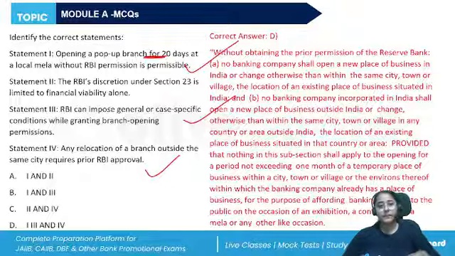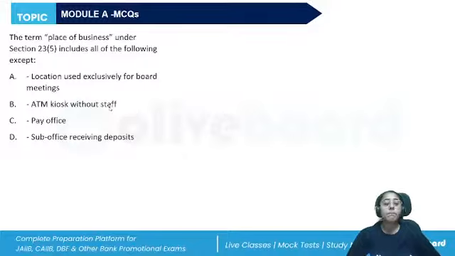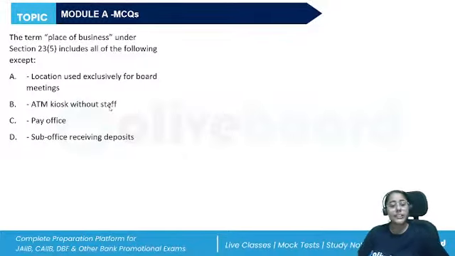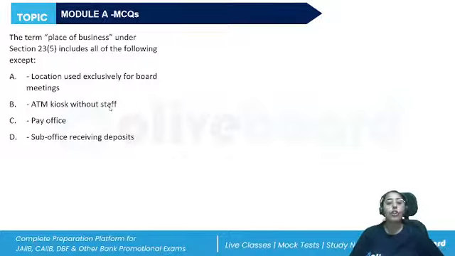All right. Next. The term place of business under Section 23 includes all of the following except. So basically, the term place of business does not include the location used exclusively for board meetings, ATM kiosk without staff, office and sub office receiving the deposits.